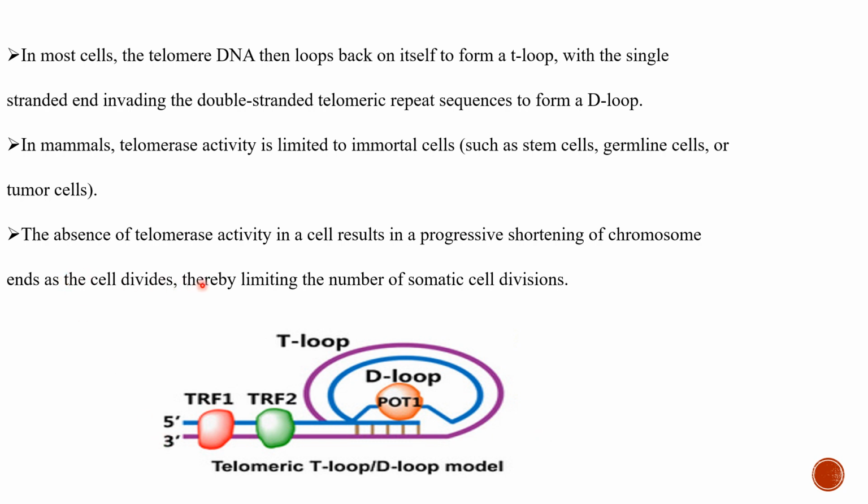But the absence of telomerase activity in the cell results in progressive shortening of the chromosome ends as the cell divides. So if telomerase activity is not there, after each round of replication, a certain amount of information is lost, thereby limiting the number of somatic divisions.